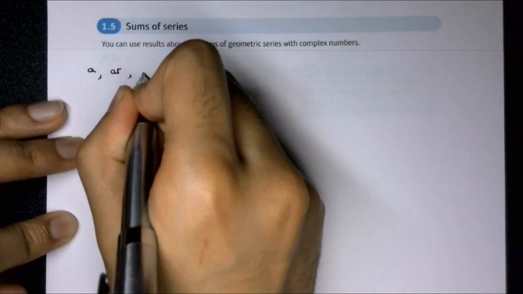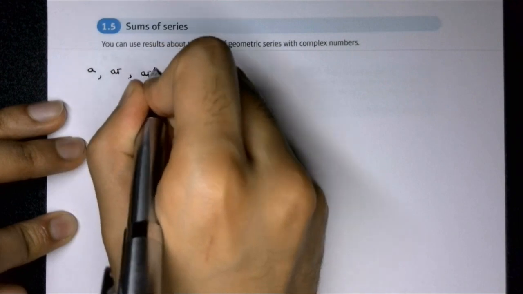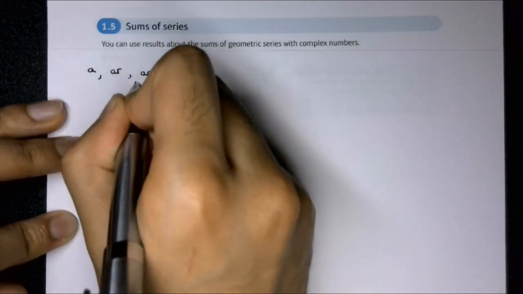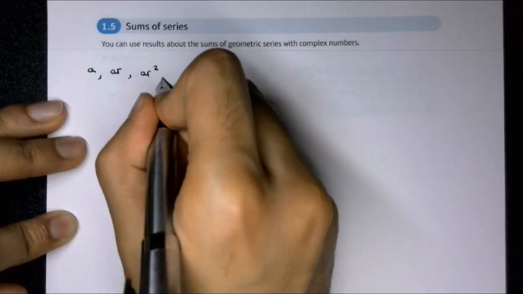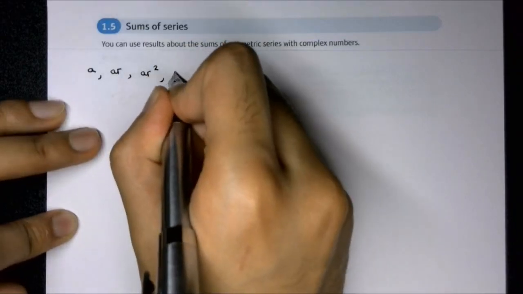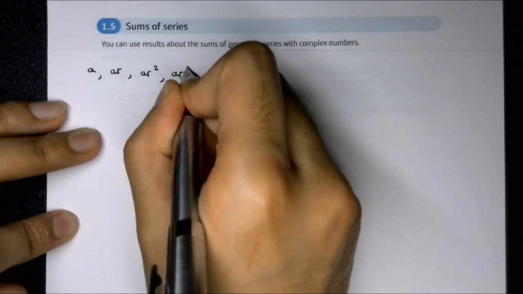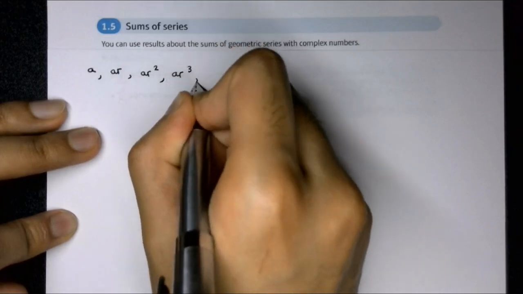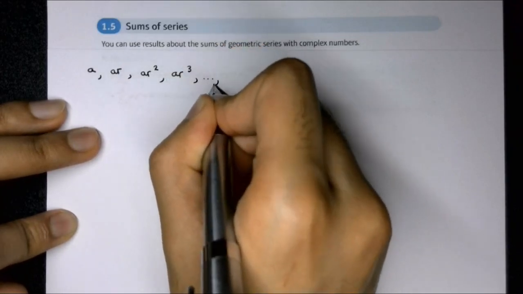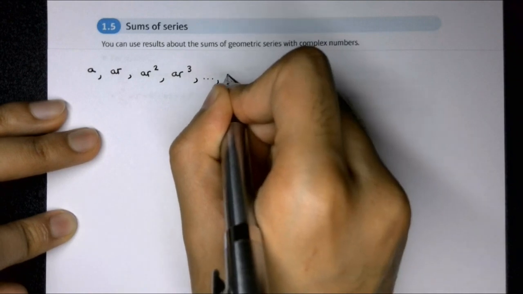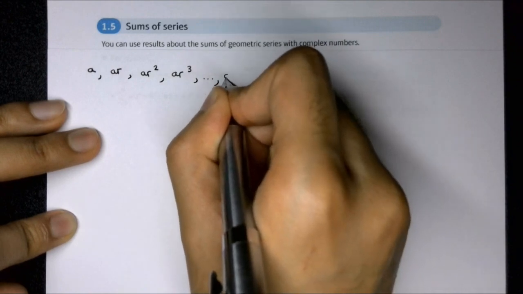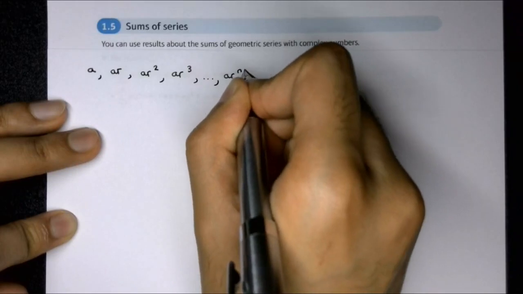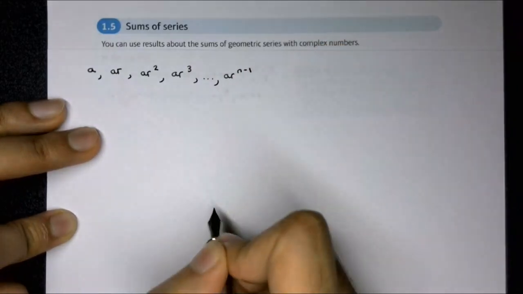The term after this, we have ar to the power of 2. We're multiplying by r each time. Term after this, we have ar cubed, and we can continue this up until the final nth term, where we have ar to the power of n minus 1.